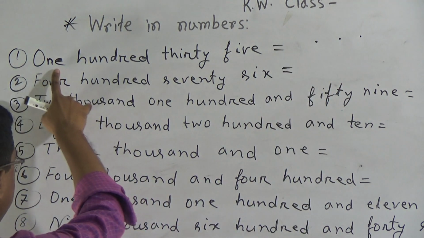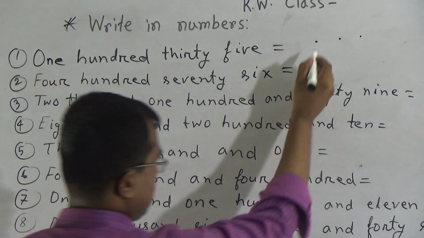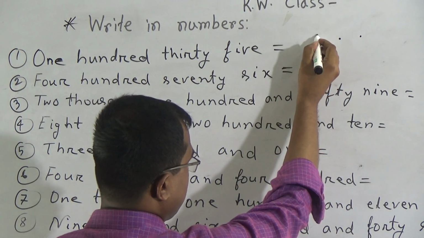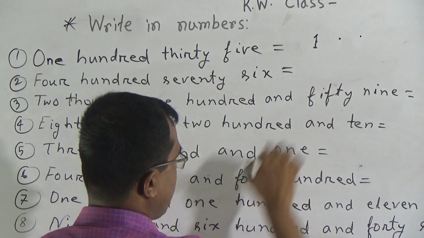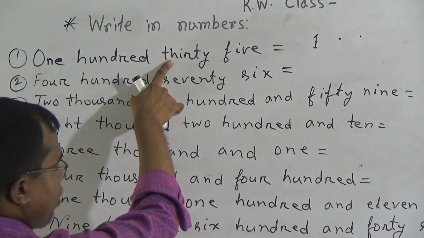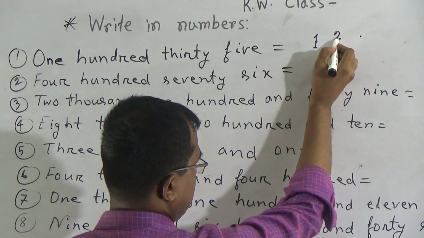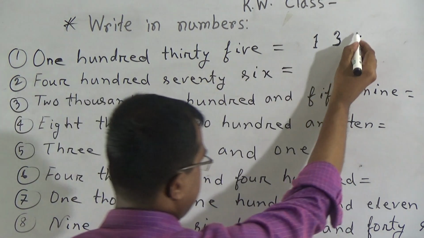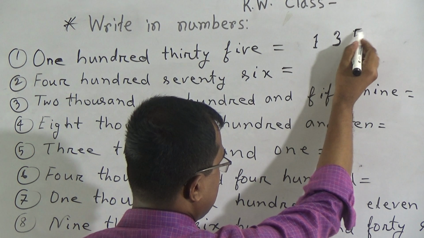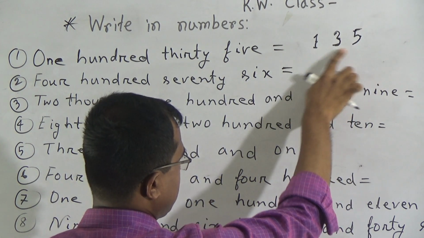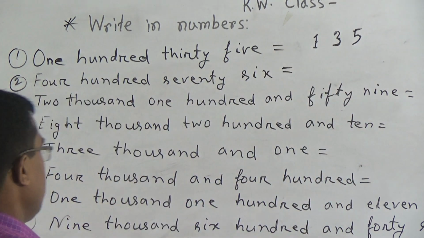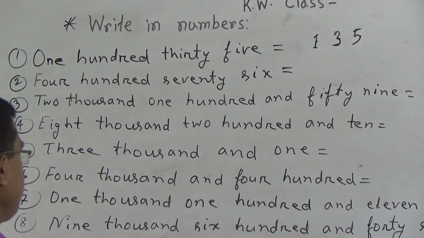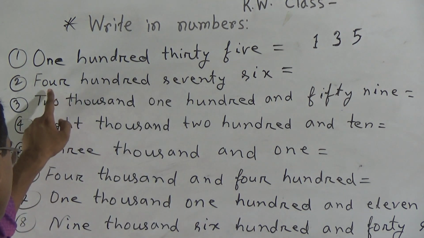Here in the hundreds place 1 will come, that means in this place we will write 1, and in the tens place 3 will come, and in the ones place 5 will come. So 135 is the numeral form of 135.